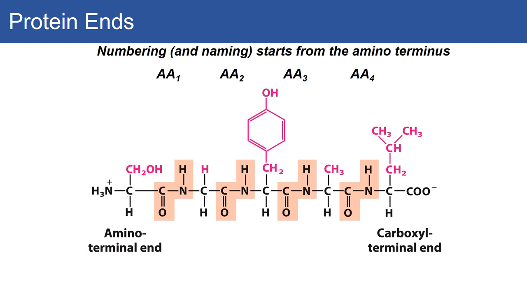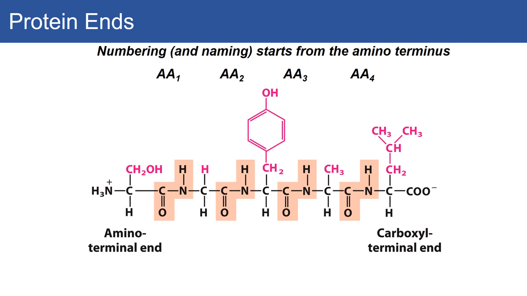When we number the amino acids, we start numbering at the end of the amino acid chain where there is a free amine group, and we end where there's a free carboxyl group. In this situation, you can see amino acid 1, which happens to be a serine, and then there's a peptide bond, and then another amino acid which happens to be a glycine, and so that's amino acid number 2.